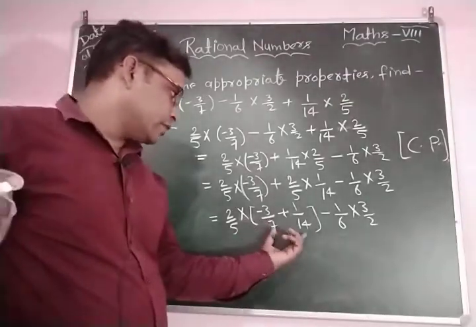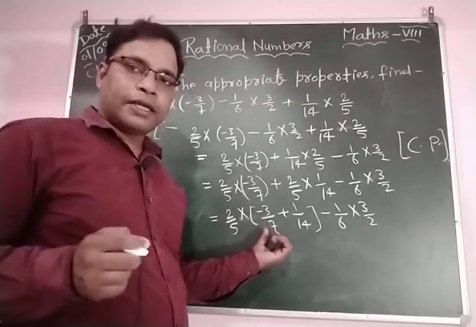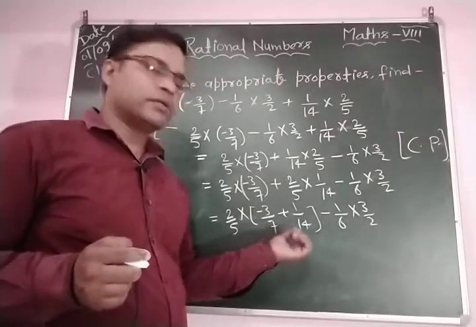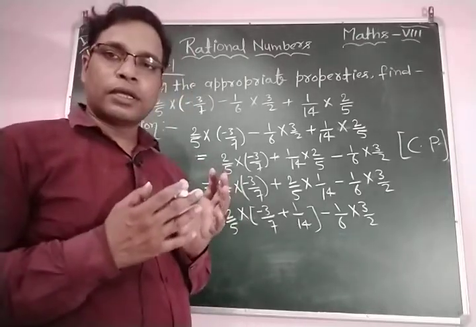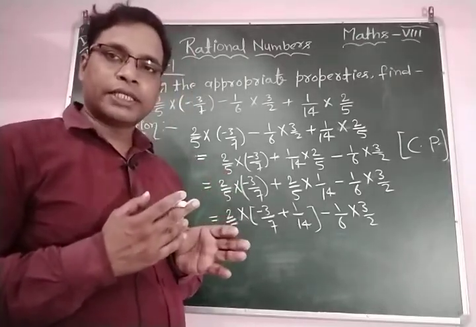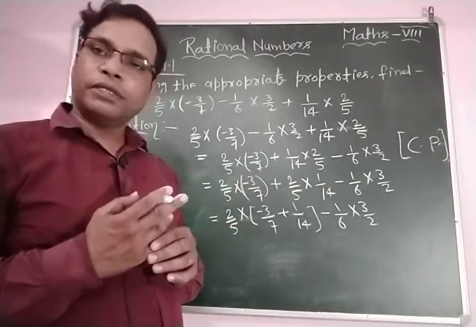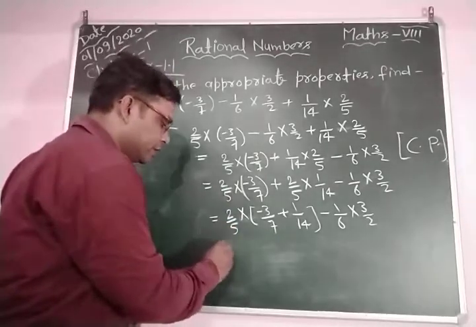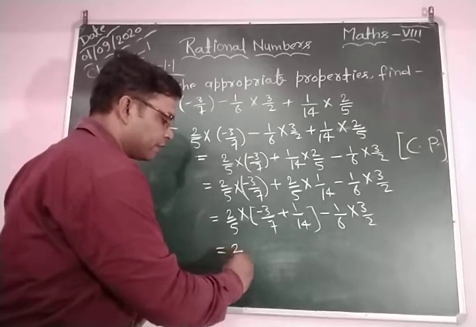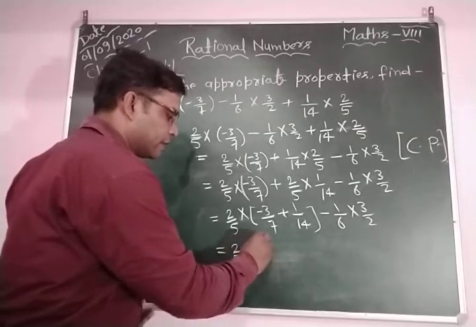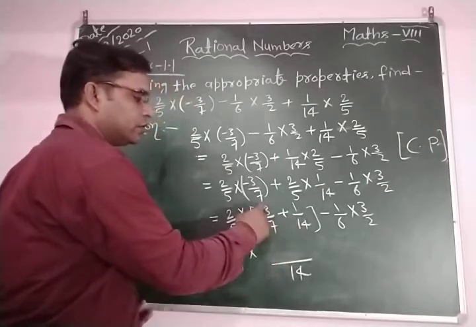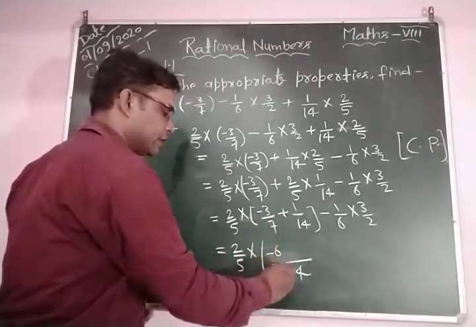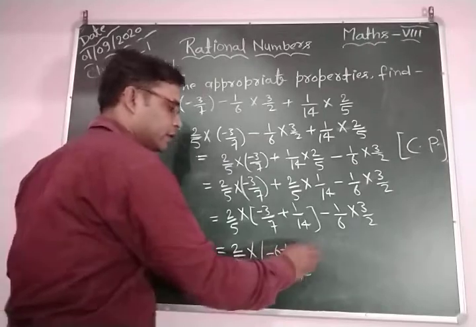Now here you can see the denominators of both fractions are 7 and 14. 14 is a multiple of 7, so we take the LCM of 7 and 14, which is 14. Now this is equal to 2 by 5 into, 7 twos are 14, 3 twos are 6, minus 6 and plus 1.